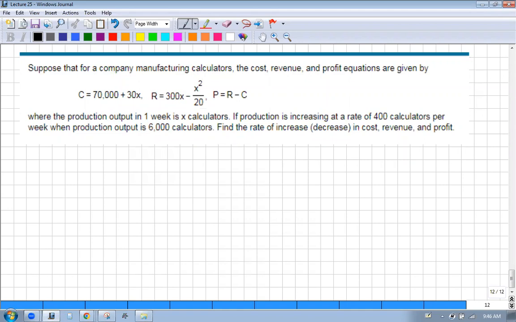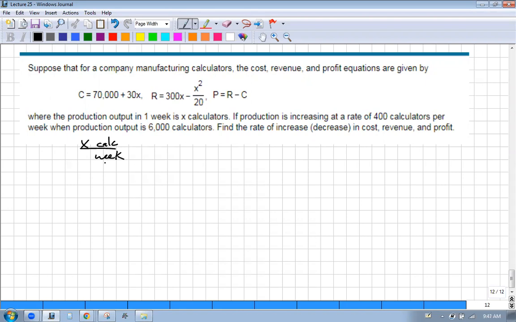Suppose that for a company manufacturing calculators, the cost, revenue, and profit equations are given here. The production output in 1 week is X calculators. So what is that? Change in production. So X calculators per week.